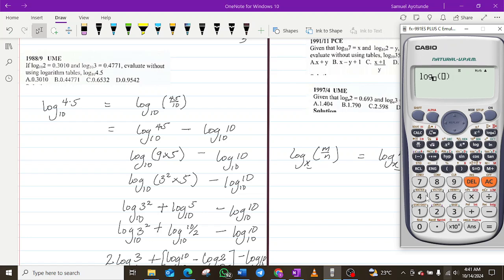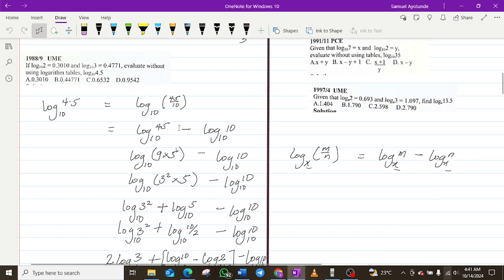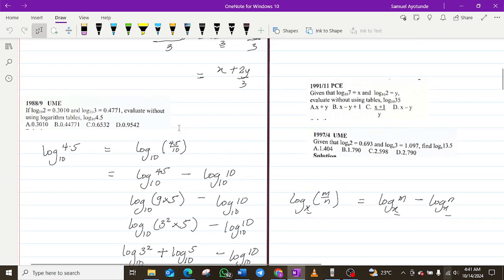We get 0.65321. So we're absolutely correct. We move to the next example.